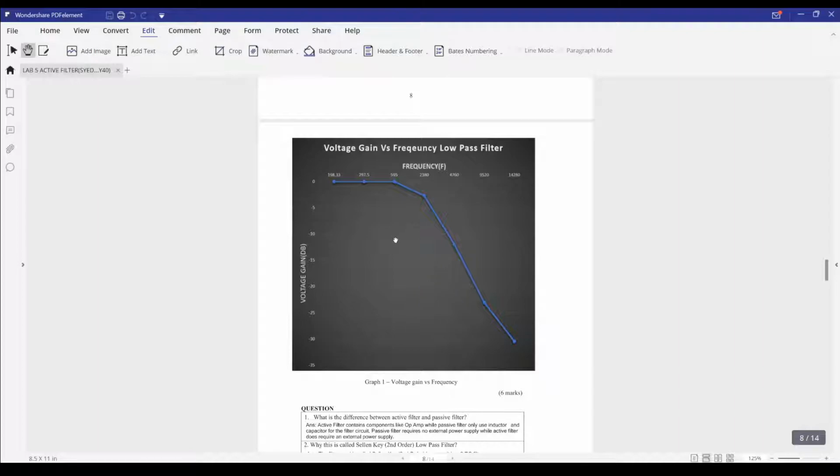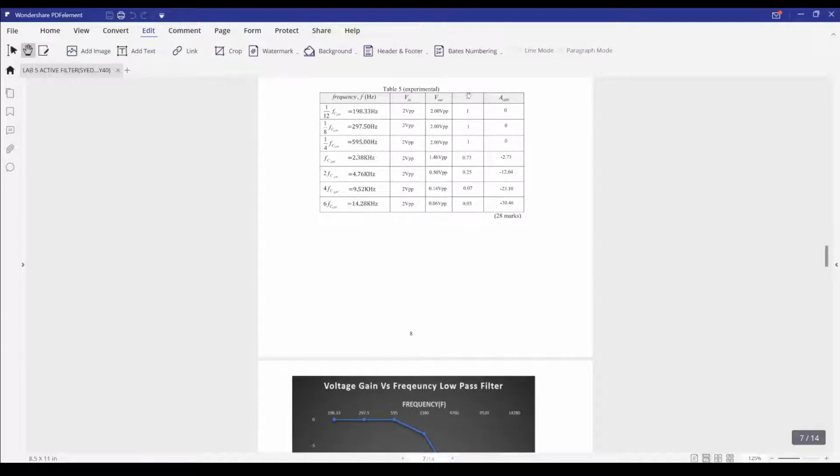We will get the graph like this. A quick info: the voltage gain here is in dB, so we had to convert the gain we calculated to dB.